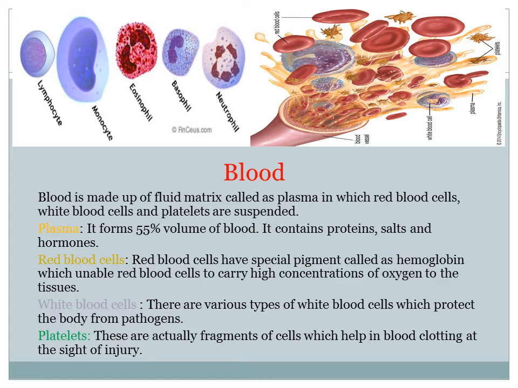Some of them, like neutrophils and monocytes, literally engulf the bacteria or other pathogens. Some of them, like lymphocytes, produce antibodies and antitoxins to destroy pathogens. This is how WBCs protect our body from pathogens.